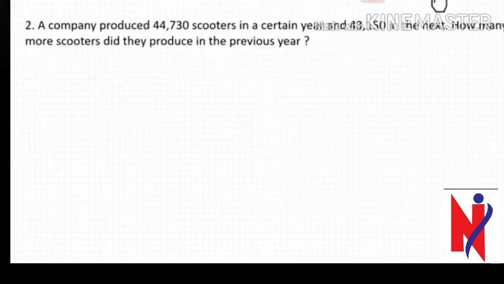A company produced 44,730 scooter in a certain year and 43,150 in the next. How many more scooter they produce in the previous year? Okay, so what information we have?